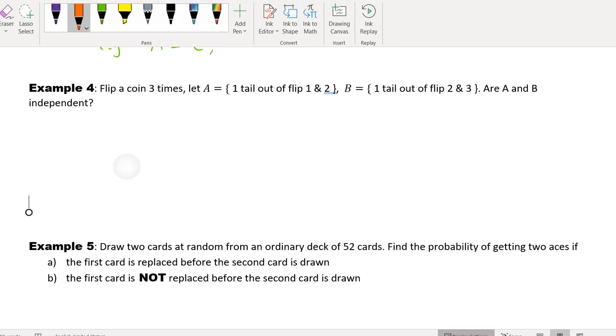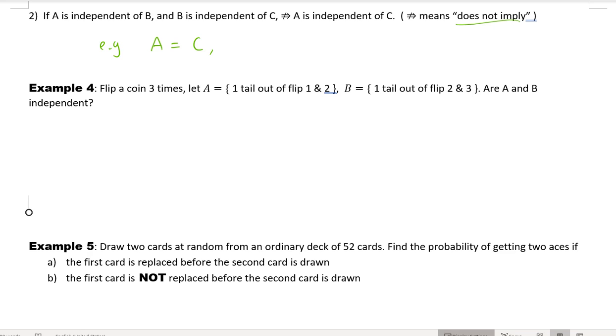Let's assume we flip a fair coin 3 times. The first flip has 2 possibilities, head or tail, and so do the second flip and the third flip.